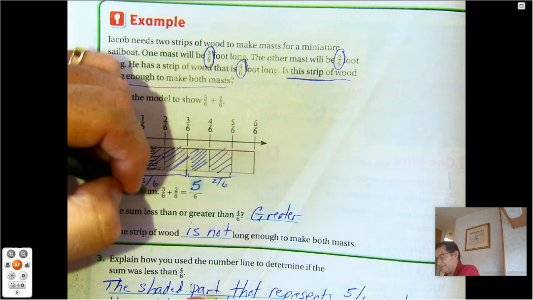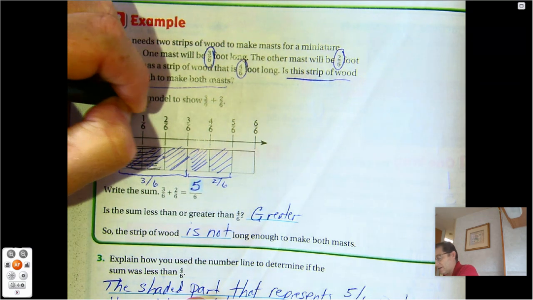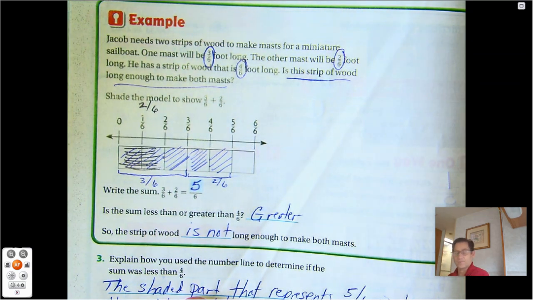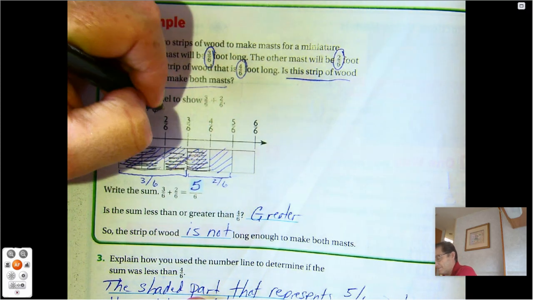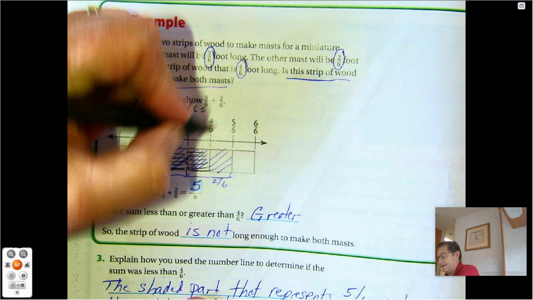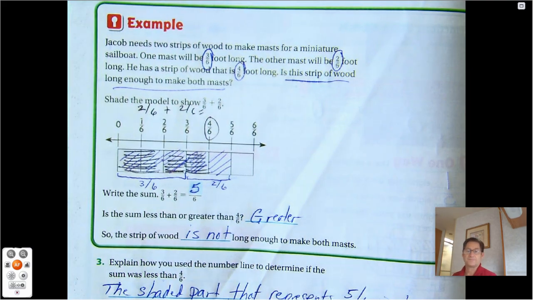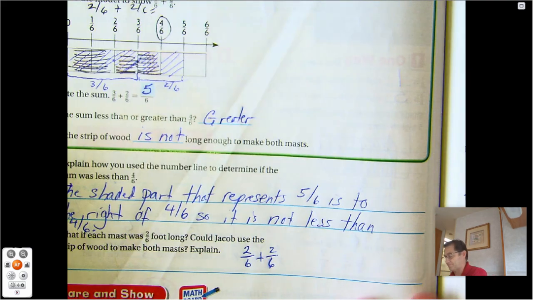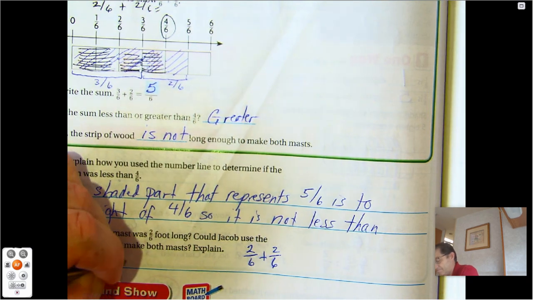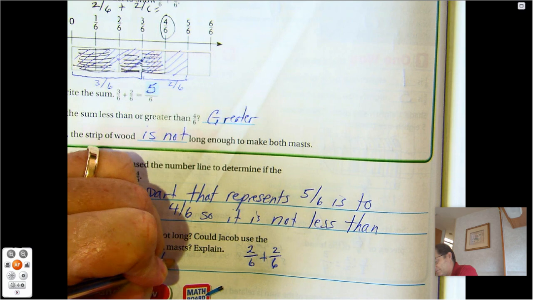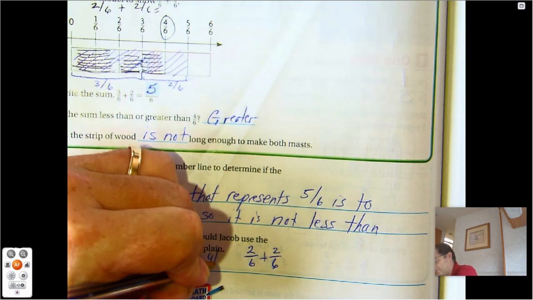I'm going to write it up here on top. 2/6 plus another 2/6. And that would put us at 4/6. So yes, it would be enough, because 2/6 plus 2/6 equals 4/6.